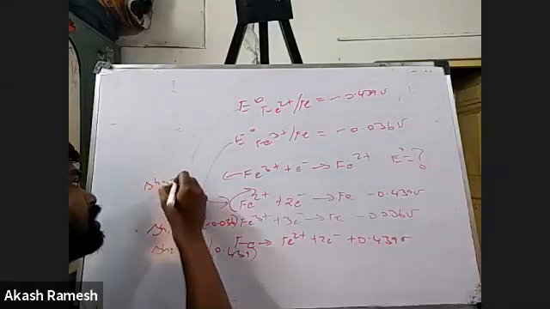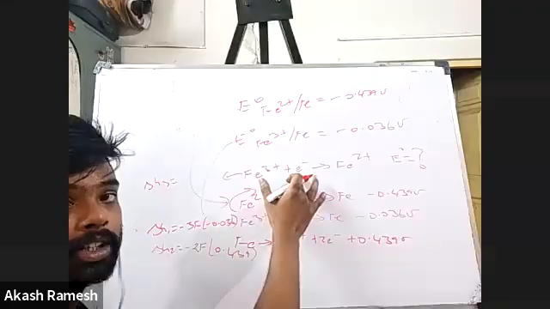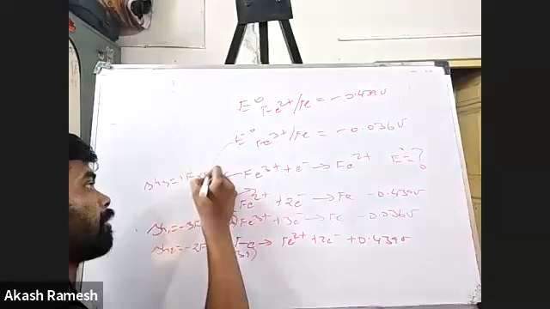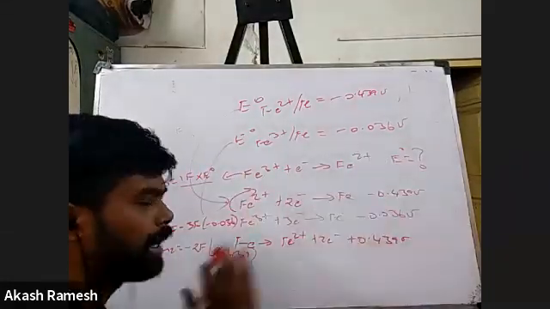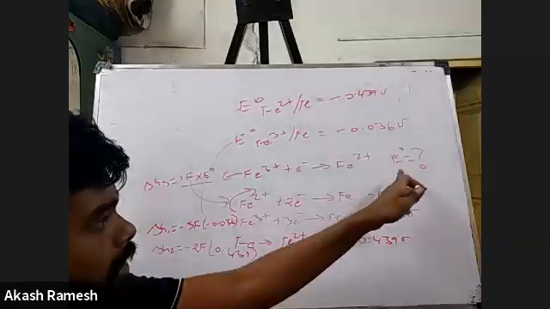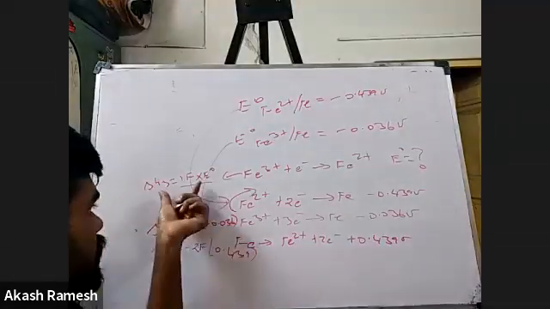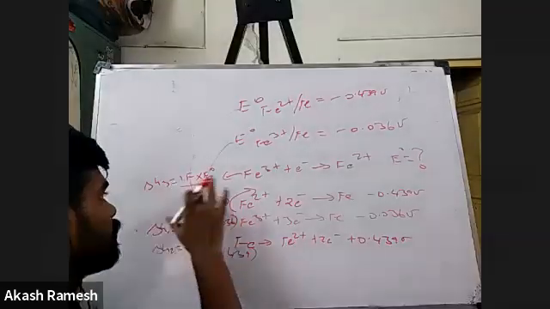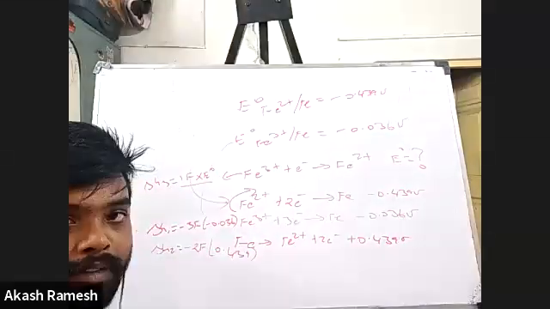Delta G3 will be equal to, there is only 1 electron, so 1F into the E naught value, which I don't know. And this value should be equal to the sum of these two values.